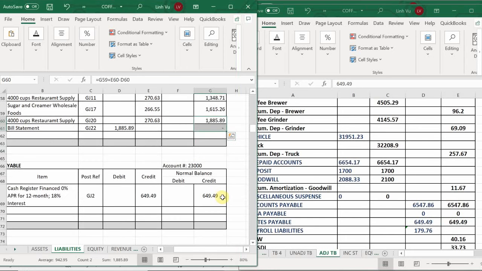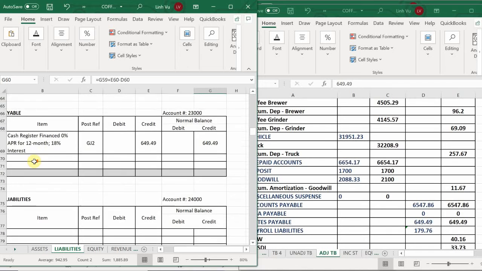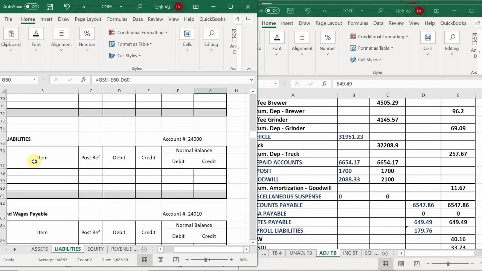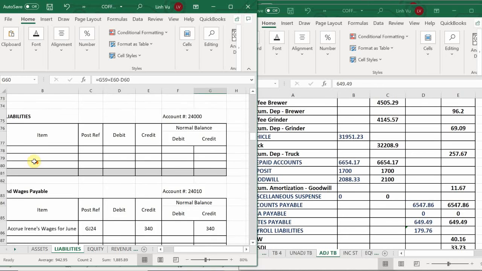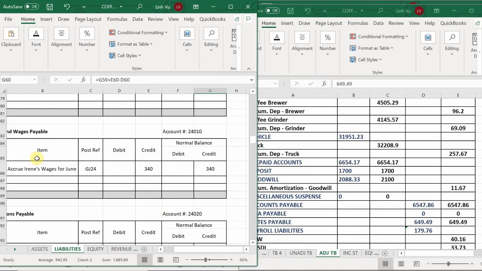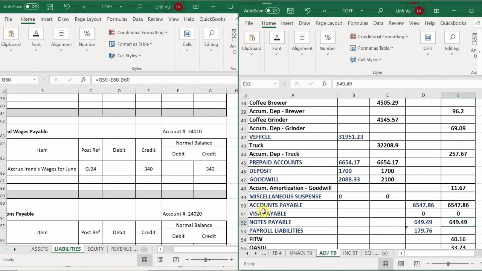Let's take a look. What about my notes payable? It's the same. Okay. What about my payroll liability? Here we have 2 more things we have to insert. We have salaries and wages payable, and we have commissions payable.